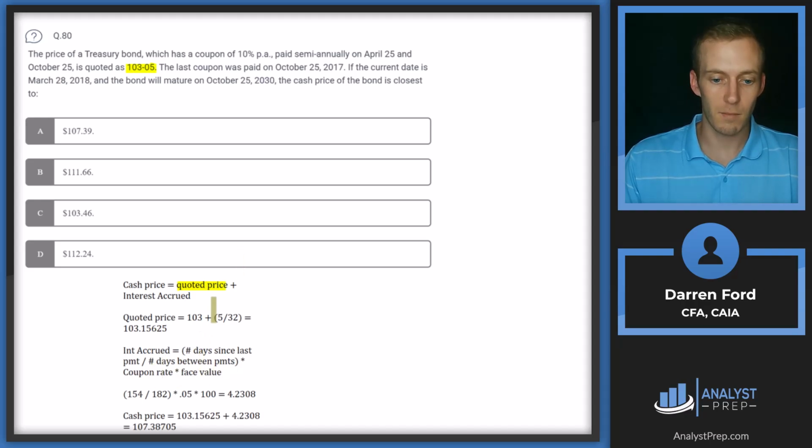And since we're using actual convention for the Treasury bonds, we need to know the exact number of days here. On the exam, you'd probably be given the number of days.